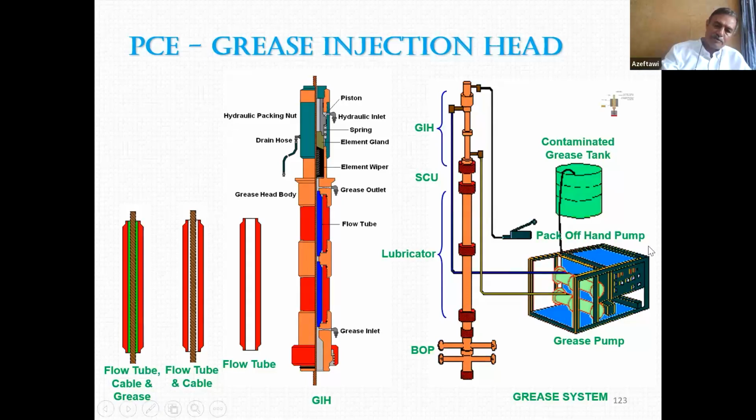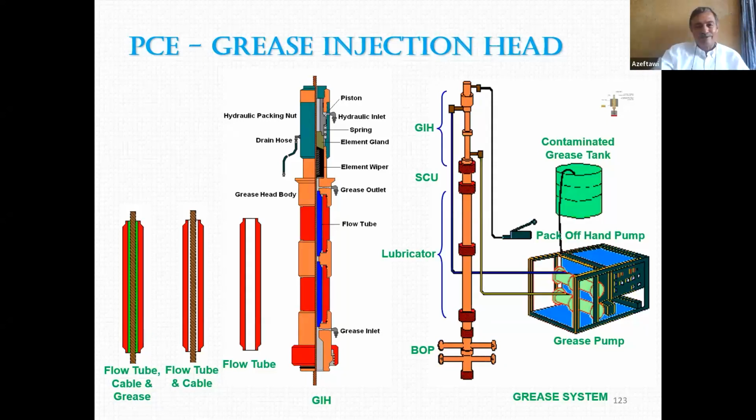Always the pressure is pumped through the lower inlet here. Grease is coming out from the top back to the pump. And we keep this circuit pressure at least 1.2 times the maximum wellhead pressure. So if the wellhead pressure is 1,000, we keep this circuit at 1,200. So well pressure will not escape out.